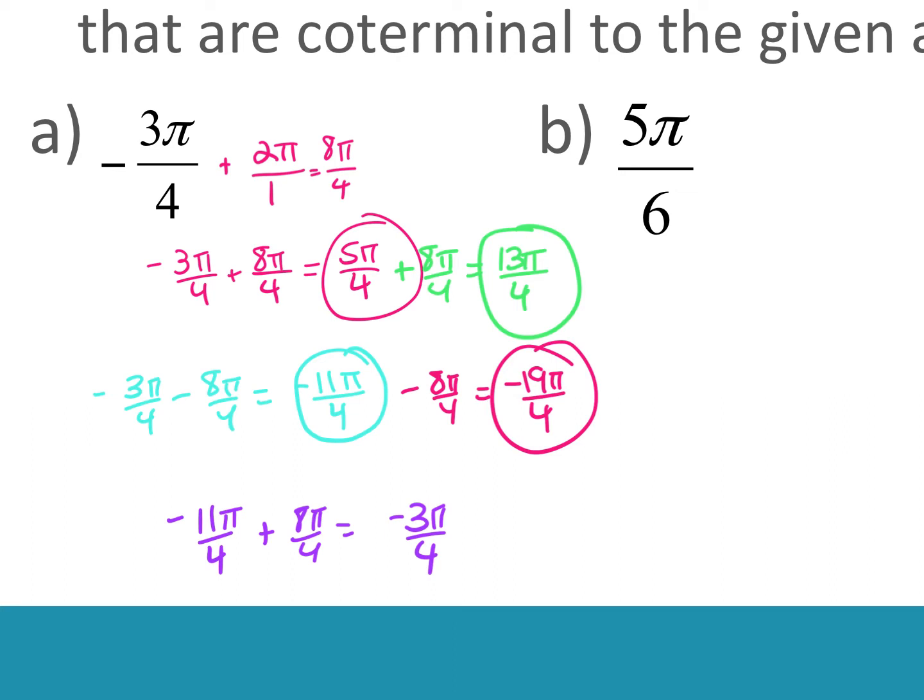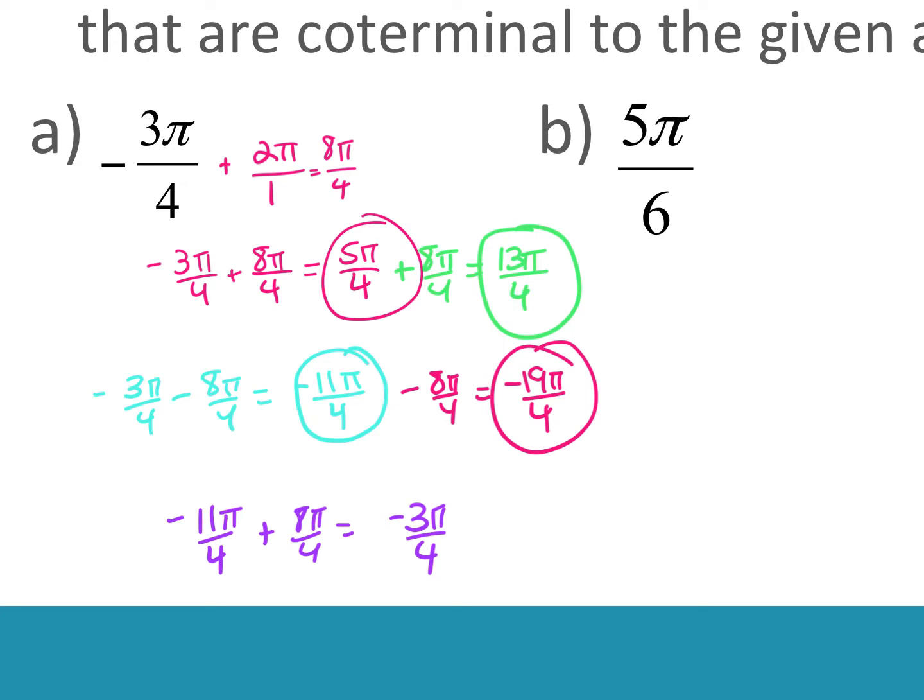So if it says positive, you have to add until it's positive. If it was reversed, if it was so big that when you subtracted it still wasn't negative, you have to subtract until it's negative. So if it was asking for 2 other negative coterminal angles, could we put that? You sure can. So there's multiple answers to these. If you gave me that one, it'd be right. If you skipped that one and went to the next one, it would also still be right.